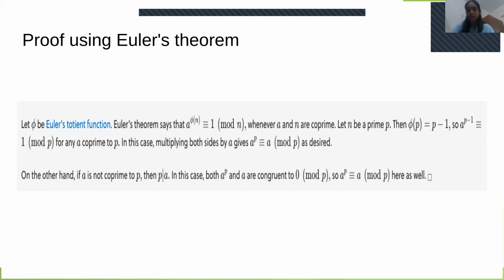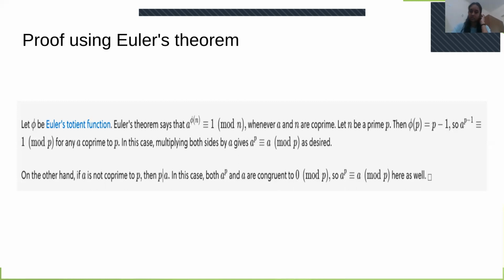So let n be a prime number P, then phi(P) is equal to P minus 1. So A raised to the power P minus 1 is congruent to 1 mod P for any A co-prime to P. Multiplying both sides by A gives A to the power P is congruent to A mod P, which is the final version of Fermat's little theorem.